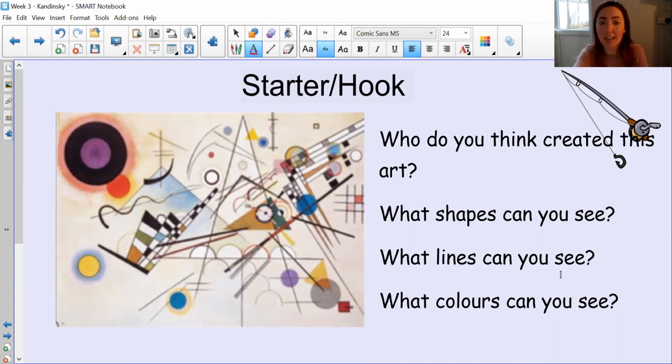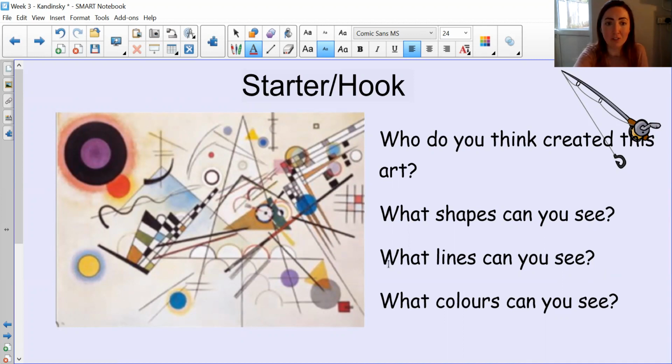Next, what lines can you see? Remember last time we talked about all the different types of lines that we can find in paintings. So pause here to try and identify different lines. Okay, so there are lots of straight lines, lots of curved lines. There's even some cross-hatching over here that we talked about last term.